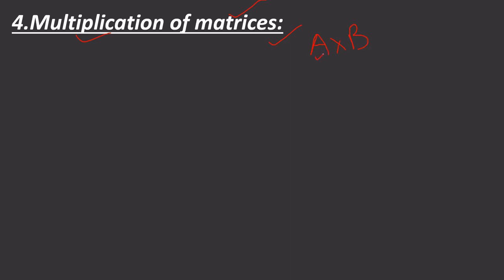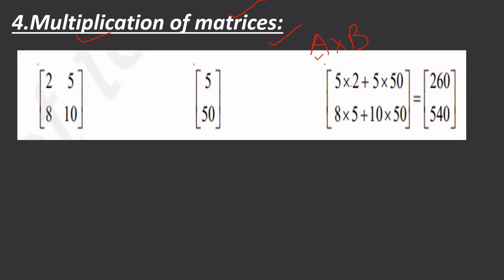A is one matrix, B is a different matrix, and we have a product, a third matrix C. Now there are some rules regarding matrices to multiply A cross B. Like 2 and 5 and 8, there is a 2 cross 2 matrix. And what is this? There are 2 rows and 1 column. So 2 cross 1.